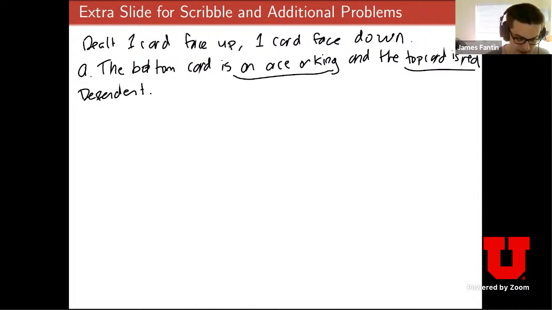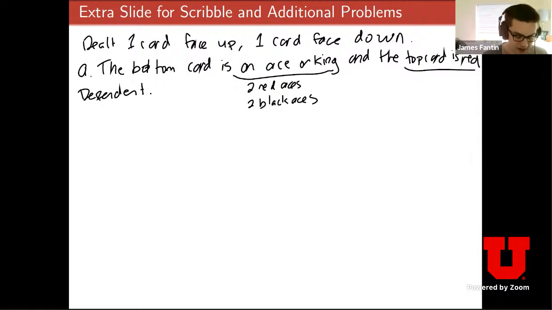Well, because if the bottom card that's dealt first is an ace or a king, then that changes the probability that the next card is red. Why? Because there are 2 red aces and 2 black aces, and same with kings. So if we happen to pick a red ace as our first card that was dealt to us, the probability that the next card is red changes.